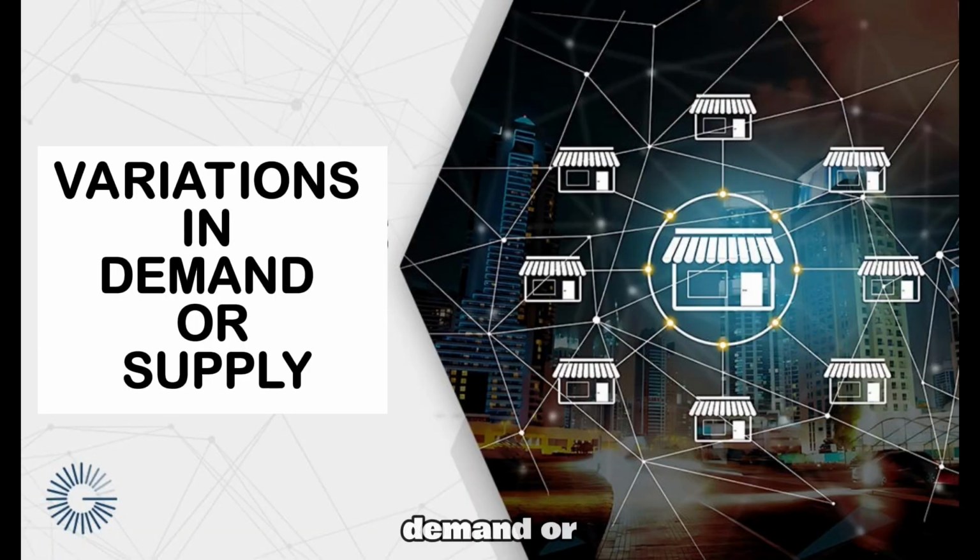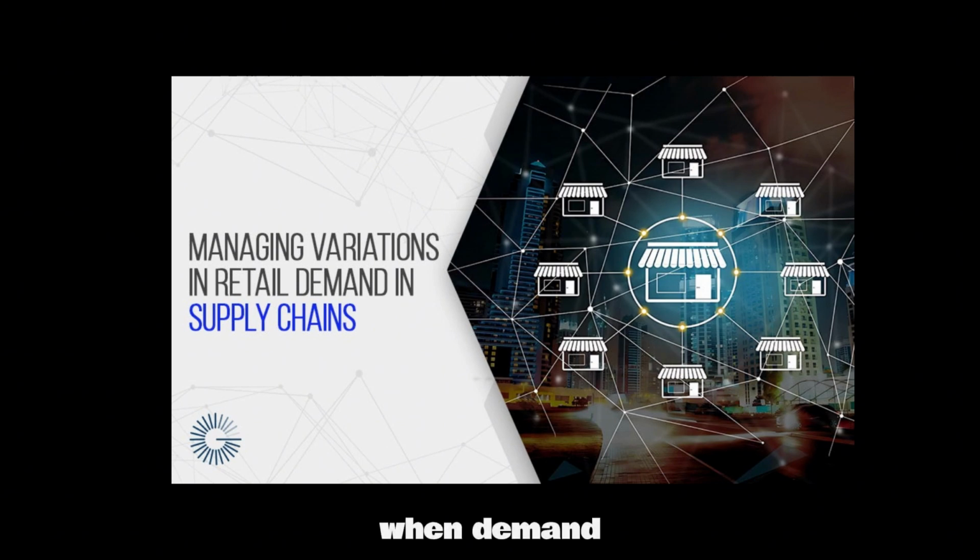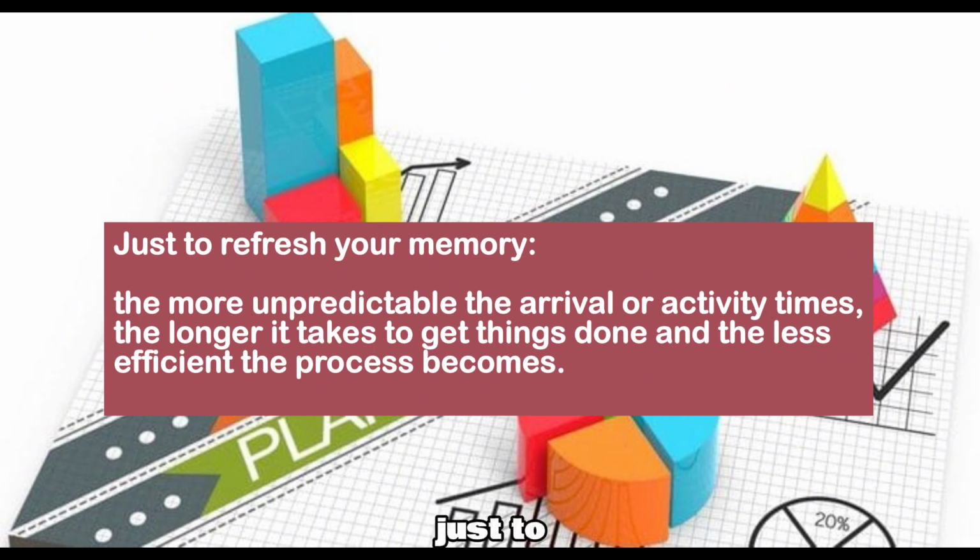Variations in demand or supply. When demand or capacity fluctuates, it makes it harder for a business to keep up with its work. This means its effective capacity goes down. We talked about this before when we discussed how variability affects individual processes. Just to refresh our memory, the more unpredictable the arrival or activity times, the longer it takes to get things done and the less efficient the process becomes.